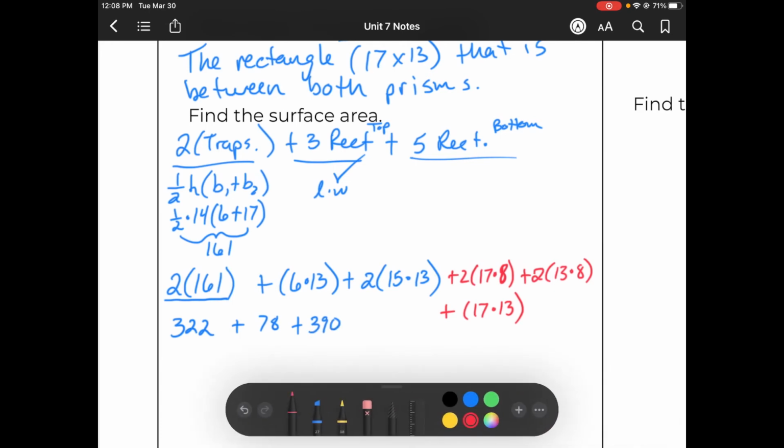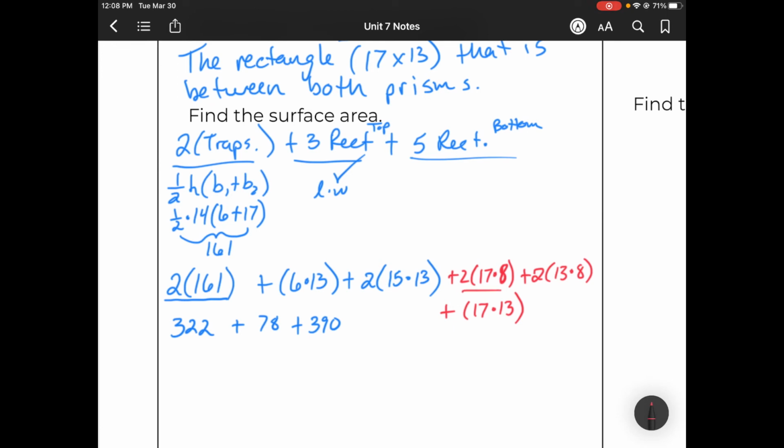I'm going to add those to these other ones that I've color-coded in red. When I do 2 times 17 times 8, that is 272. That's that one. And when I do 2 times 13 times 8, I get 208. And then finally, 17 times 13, the very bottom rectangle there is 221.